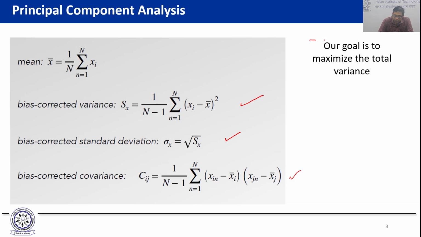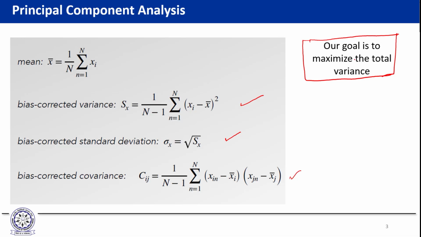Now when we are doing principal component analysis, what we are basically trying to do is maximize the total variance that we have got in our data. So in order to exemplify how principal component analysis is done, I am going to take up one data set. This is the IRIS data set. This data set was compiled by Ronald Fisher.